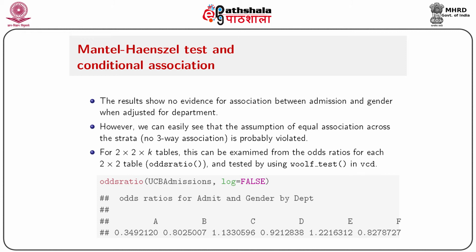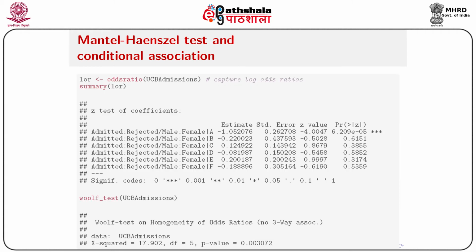Suppose we take the odds ratio of the UCB admission data. If you ask for it, it will give you the list of all odds ratios. Then you can just say LOR, then oddsratio UCB admission, to capture the log odds ratio, and the summary of LOR is like this.